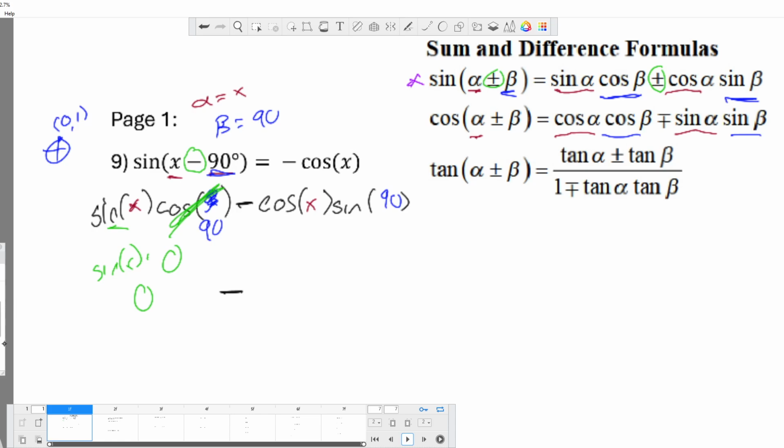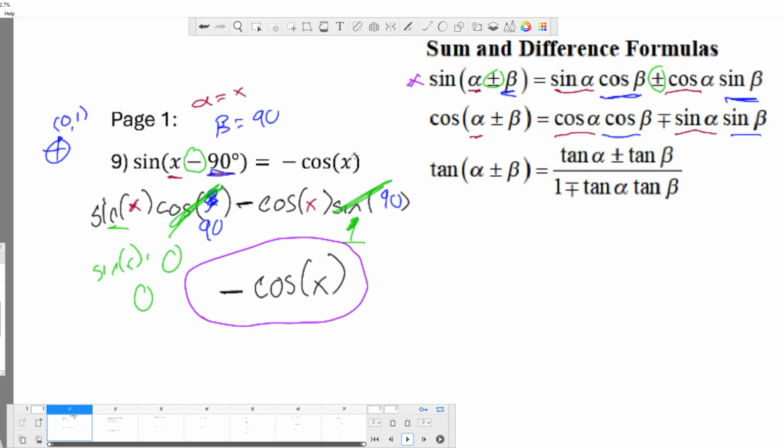Minus, and then we're going to evaluate sine of 90. From our unit circle, we know that that's going to be 1. And so cosine times 1 is just still going to be cosine. And so with this question, we end up with negative cosine, and that's what we were looking for there.